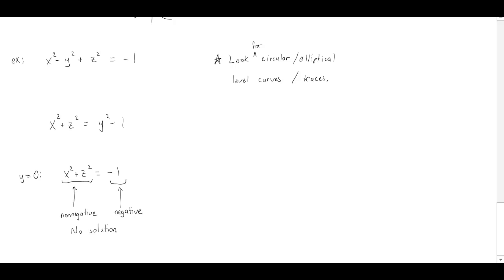What does that say about our surface that we're trying to sketch? Okay. Well, we're not getting any curve when y equals 0. So that means that there is no y equals 0 trace, if you will, to our surface. All right, so that's maybe kind of interesting, all right?